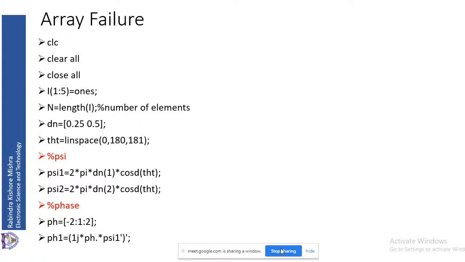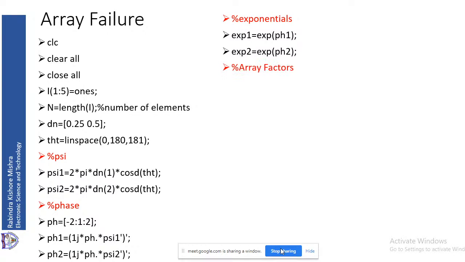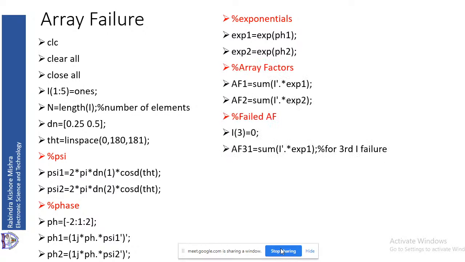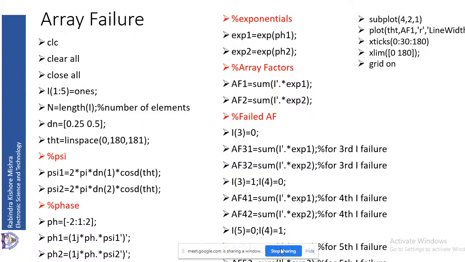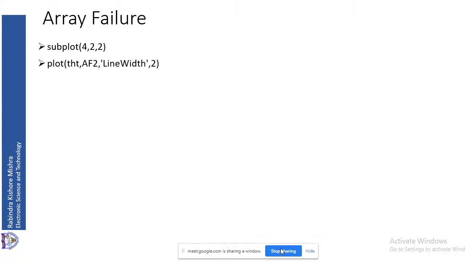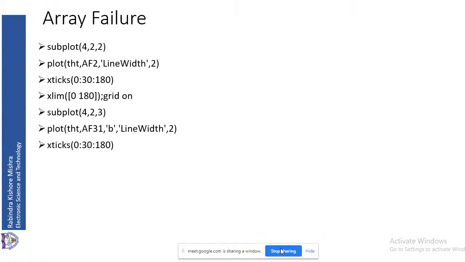For that you can write a small program and see what happens in case of array failure. Once one element fails, or a phase shifter fails, which is giving the phase to the array element, what is going to happen? So this is a program for array failure. You can see what happens in case of this array failure.